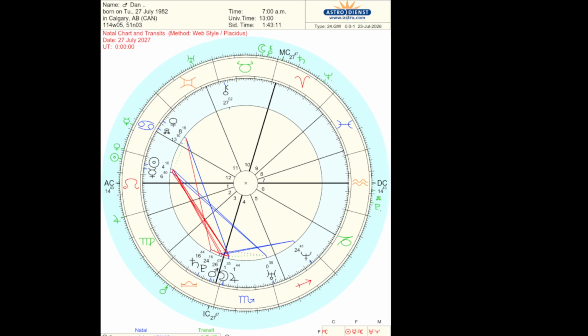So no one lives to see their Pluto return. When we say a planet returns, that means it's returning to where it was when we were born. To the best of my knowledge, the oldest people on record are just a little bit over 120 years old. I think the oldest person on record was 121 years old or something like that.